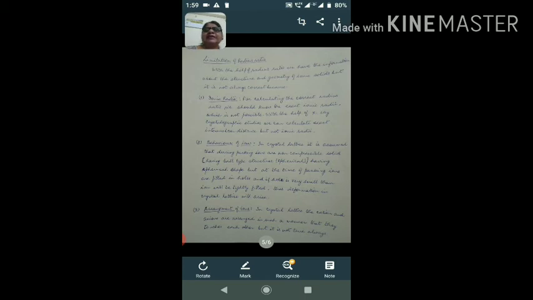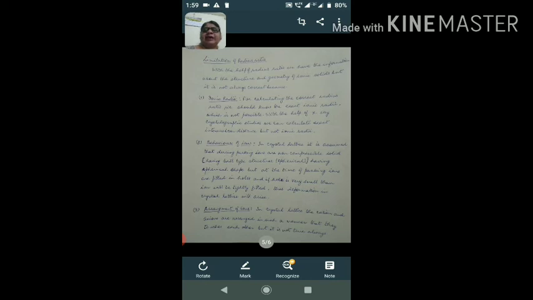For calculating the correct radius ratio, we should know the exact ionic radii, which is not possible. With the help of X-ray crystallographic studies, we calculate the exact internuclear distance but not the ionic radii.